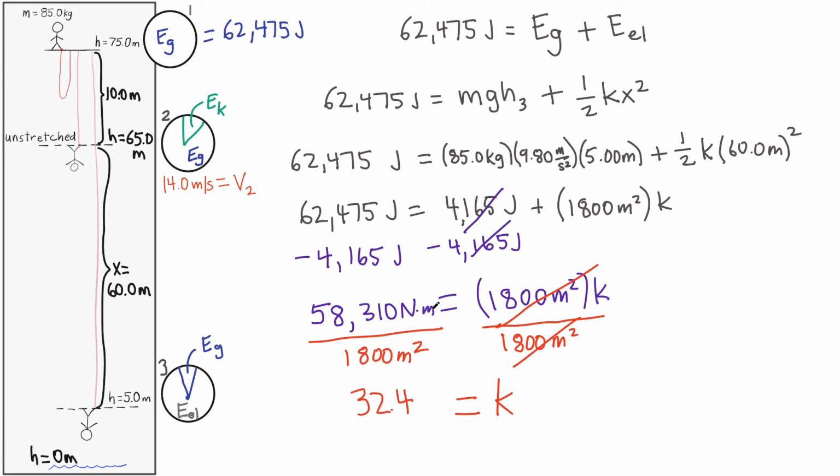I've got Newton meters divided by meters squared. I could think of that as meters times meters in the denominator. And meters will cancel here. So I end up with units of newtons per meter. And that is the standard unit for spring constant. Again, the spring constant describes how many newtons of force you get for every meter of stretch of the bungee cord. So that's our answer to the second question.